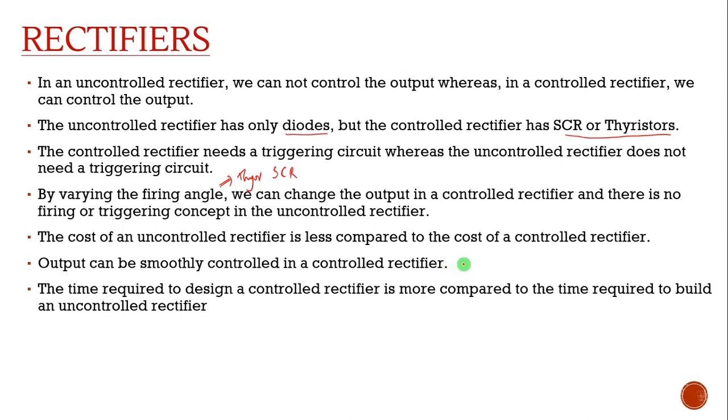The time required to design a controlled rectifier is more than the time required to build an uncontrolled rectifier. These are the main differences between controlled and uncontrolled rectifiers. One more classification is the semi-controlled rectifier, where we use both diodes and SCRs or thyristors, so it is semi-controlled.